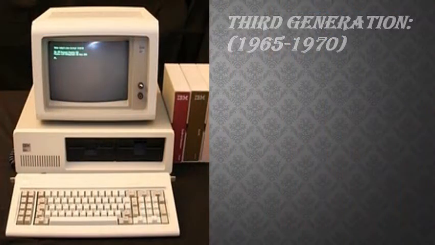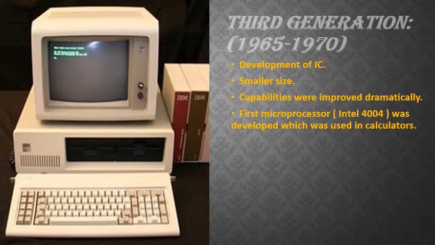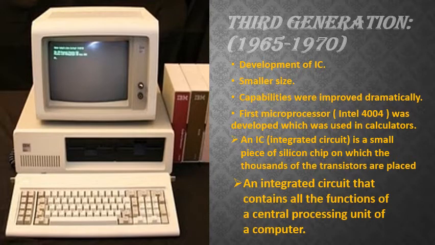So the third generation computers were developed with a number of things, for example, the development of the IC. An IC is an integrated circuit that contains all the functions of the central processing unit of a computer. It is smaller in size, and capabilities were improved dramatically.